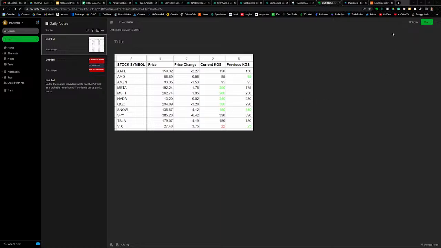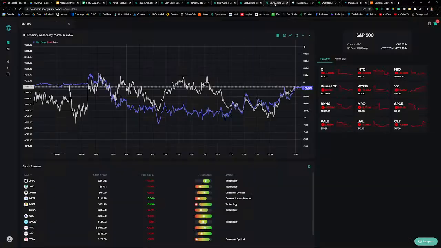Okay, so let's take a look at some setups now. And let's go take a look at Hero. And this is the Hero signal for the S&P 500. And note that it looks like the symbol that you have to put in here did change.